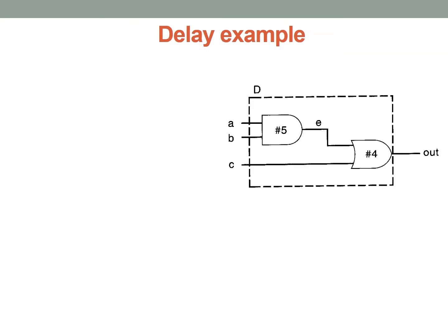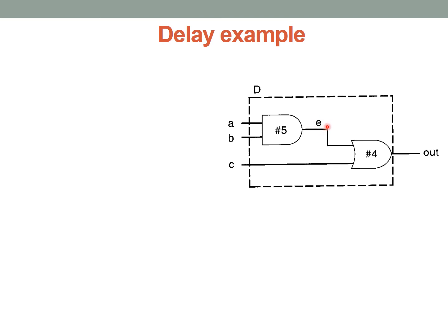Now let us understand this delay with an example. We have a gate level diagram whose name is D. This module name is D, having inputs A, B, C and a single output named out. Internally, there's a connection between the hardware. This is a net, so this is a wire.